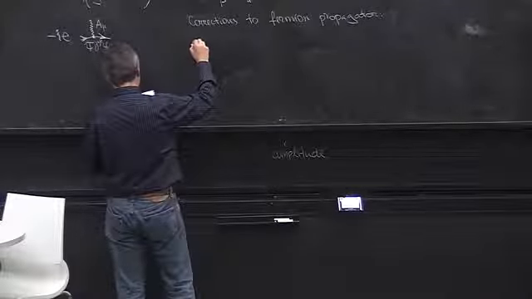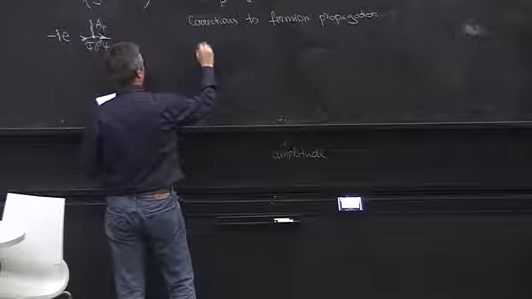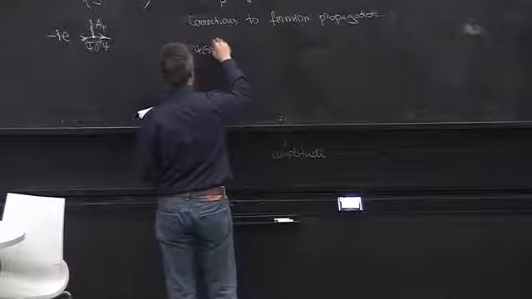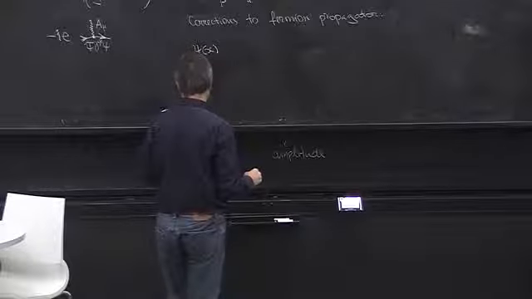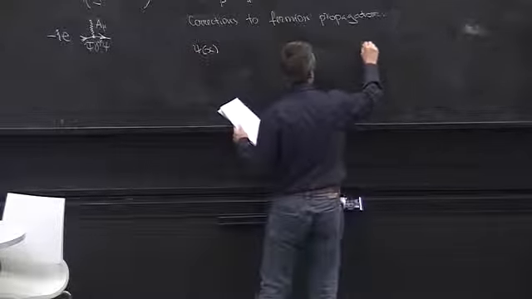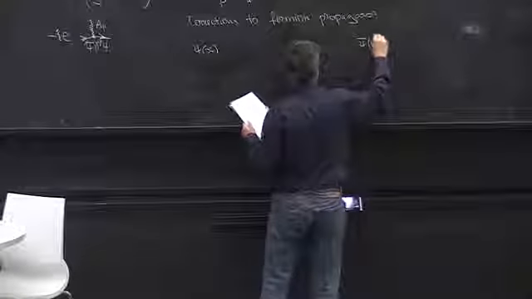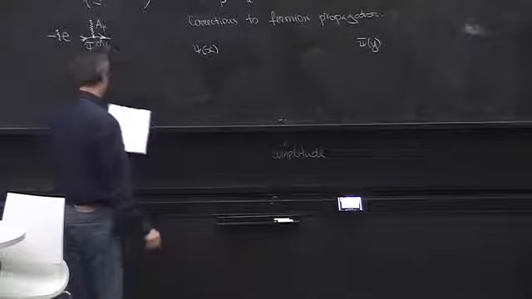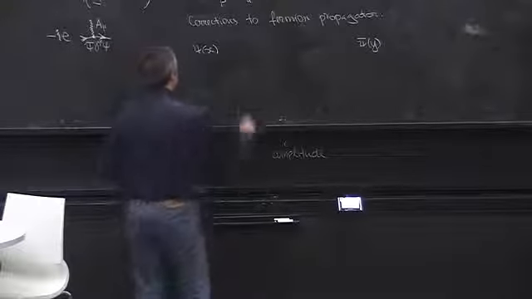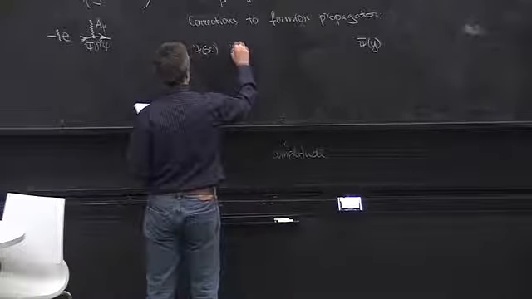So this means that we have psi of x, then we have psi bar of y. And then we insert interaction vertices.